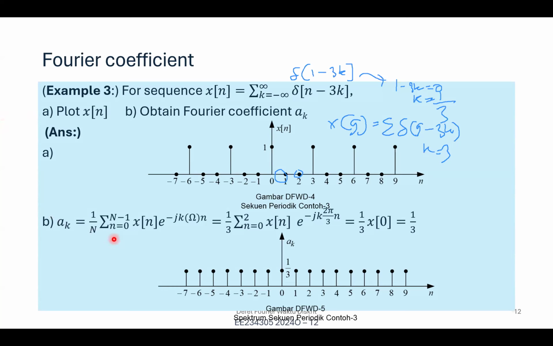Okay, now after finding the value here, after drawing the plot, we can also get ak. So ak here is the same formula: 1 over n, the sum from 0 to n minus 1, xn times e to the minus jk omega n.